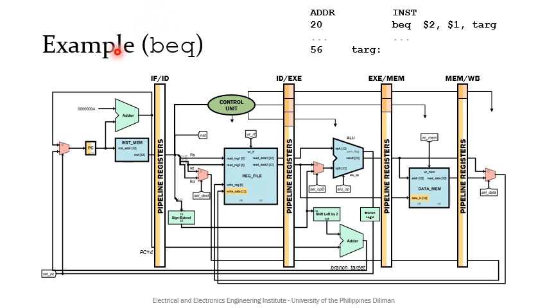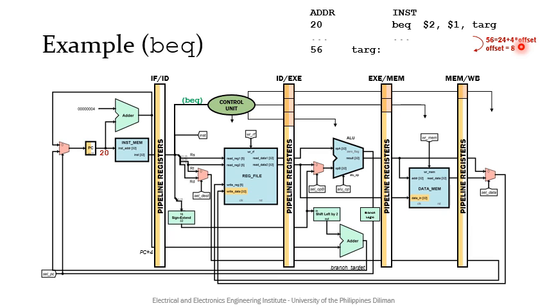Now let's consider a branch if equal instruction shown with the target address at 56. If we do the math, the offset for this case must be 8 encoded within the instruction code, since 56 is equal to 20 plus 4 times the offset.